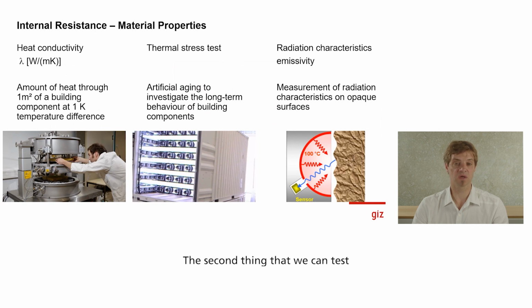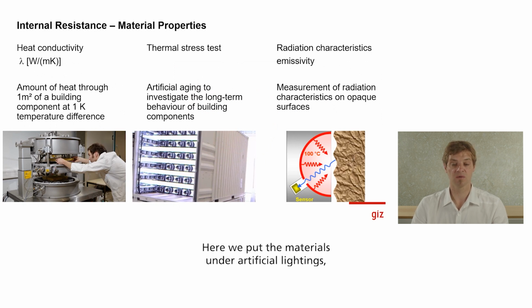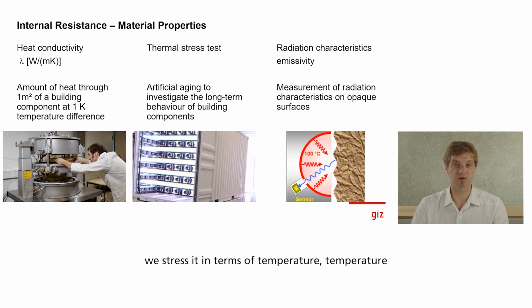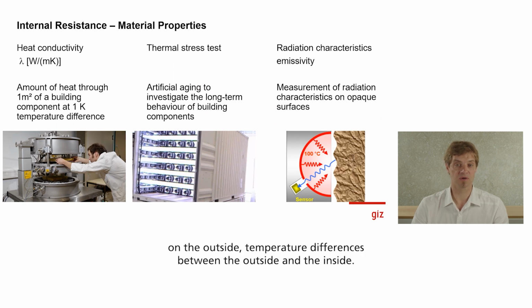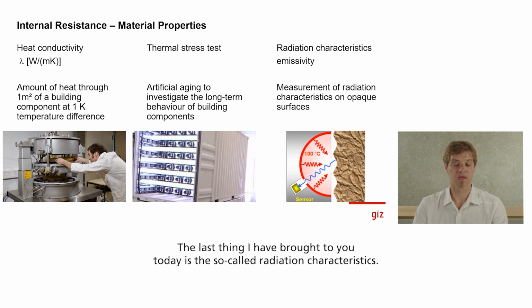A second thing that we can test and where we can see how the material behaves is a so-called thermal stress test, where we put the materials under artificial lighting. We stress them in terms of temperature on the outside, and temperature differences between the outside and the inside. We look at cracks that occur, and we see how the behavior of that material is in that area. And the last thing that I've brought to you today is the so-called radiation characteristics.